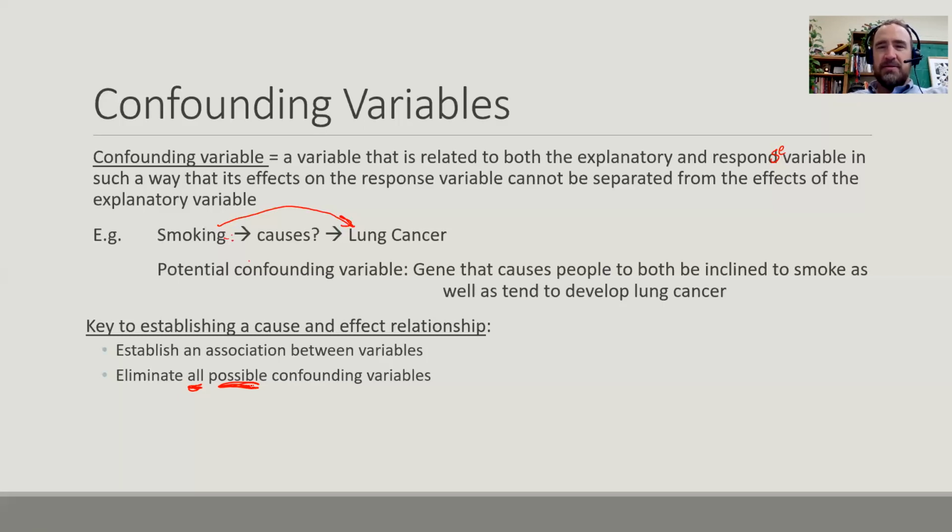So, what does that mean? Does that mean we can never establish cause and effect because there's always some other possible confounding variable out there? It actually doesn't. And statisticians have found a way that they believe eliminates all other possible confounding variables. That's what we're going to get into in our next video. So I encourage you to check that one out.